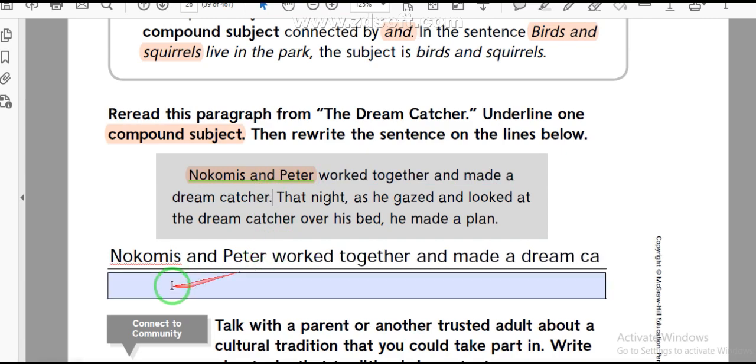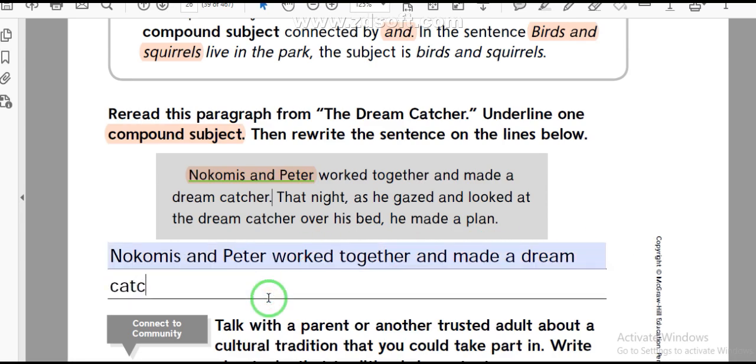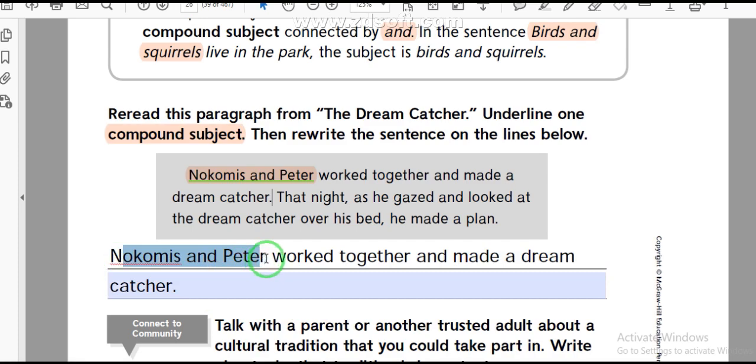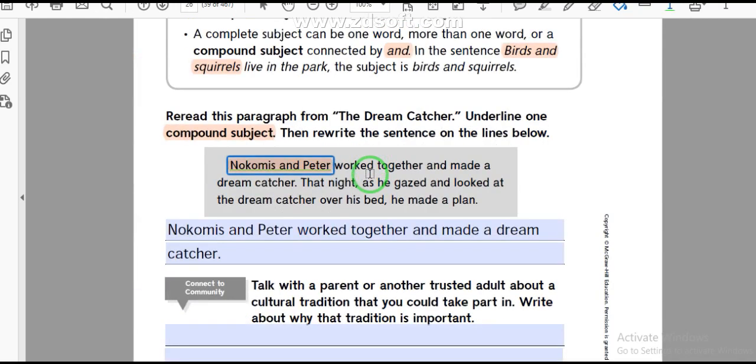So Nokomis and Peter worked together and made a dream catcher. So Nokomis and Peter, here this Nokomis and Peter is the compound subject because we have two subjects. Okay, did you underline it? Underline it. It's page what? Let me show you.